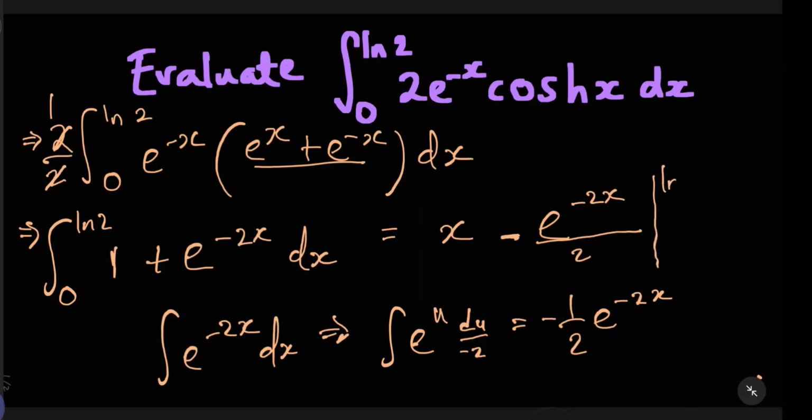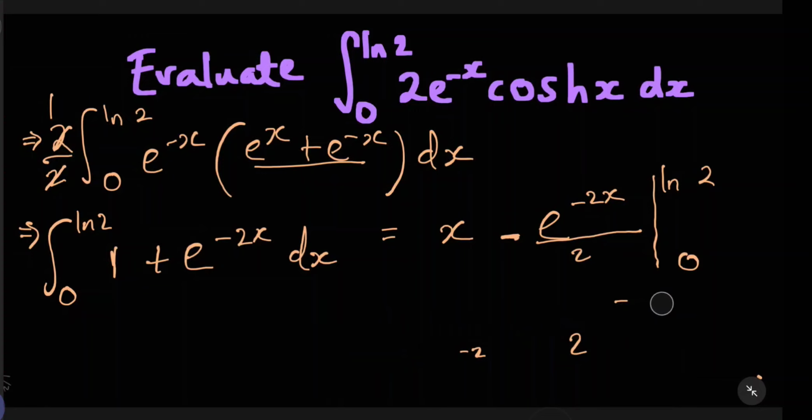Now we are moving from natural log of 2 to 0. Let's quickly wipe this. So this is what we have to resolve this expression from natural log of 2 to 0.